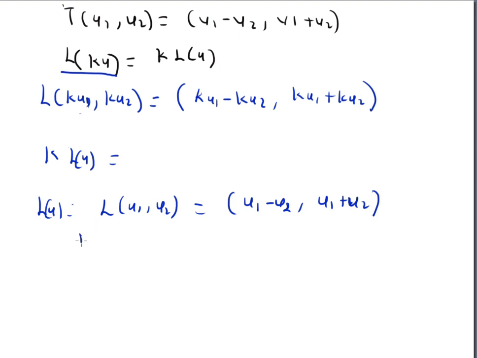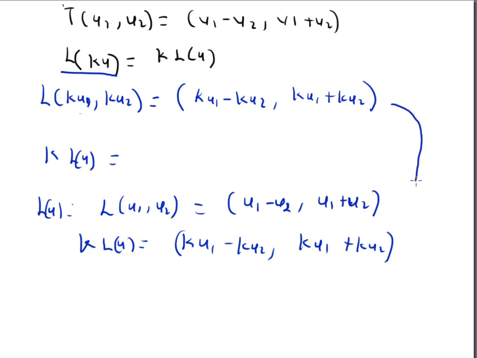So kL(u) becomes (ku1 minus ku2, comma ku1 plus ku2). We can see that this is equal to this. Hence, this is a linear transformation. Hence proven.